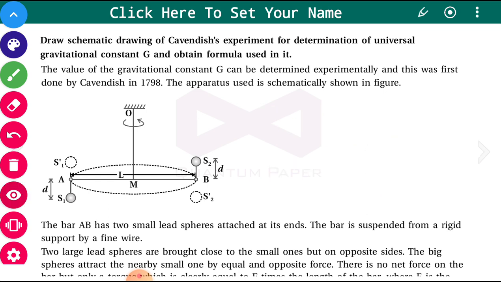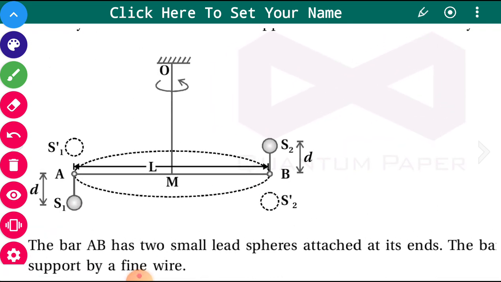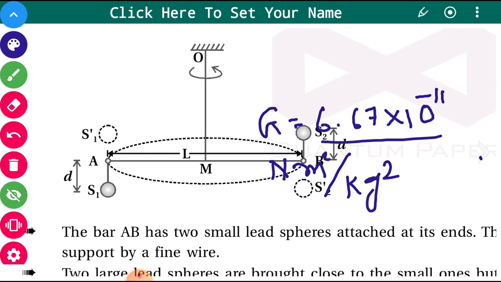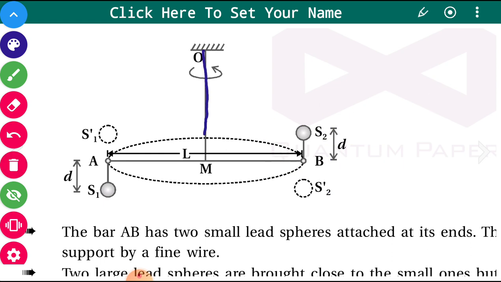There are two masses tied to a rod of length L, which is supported by a very thin, twistless wire.